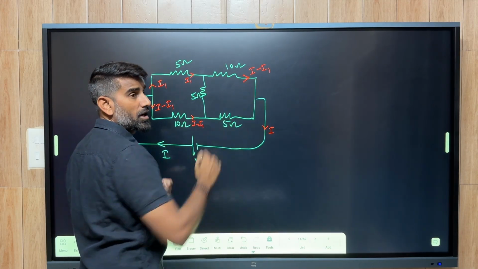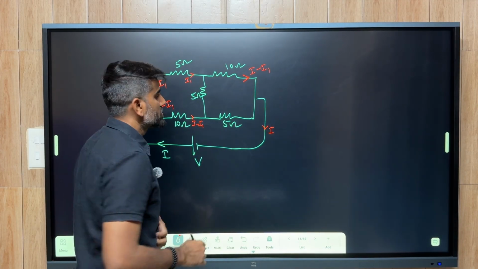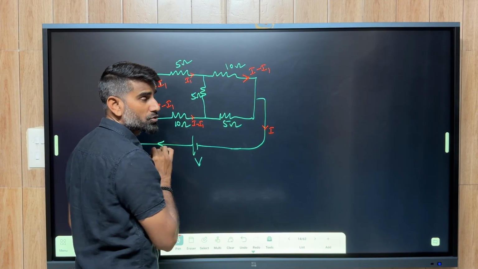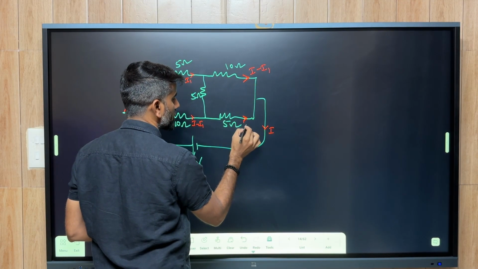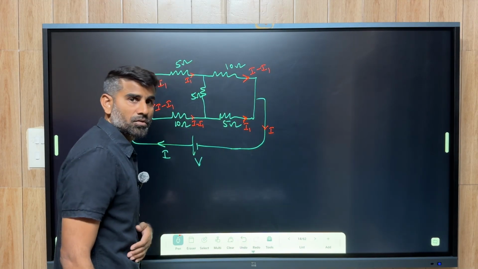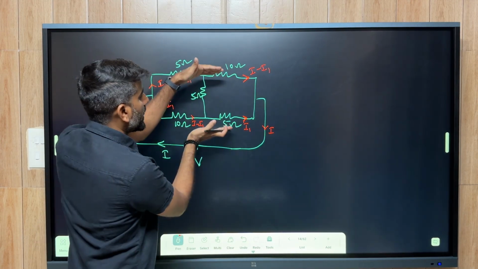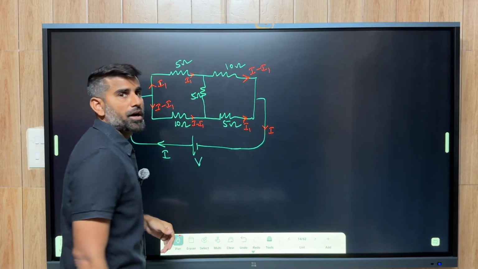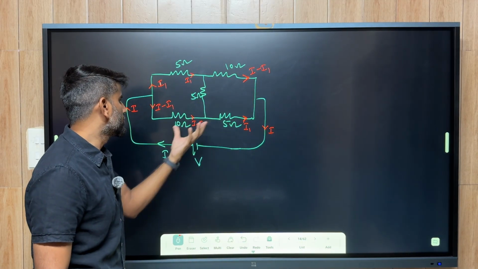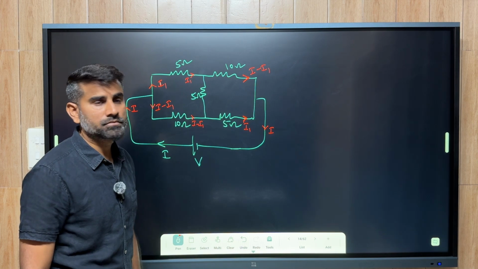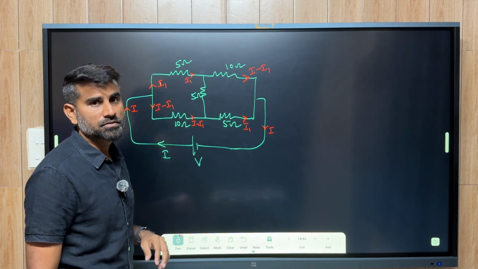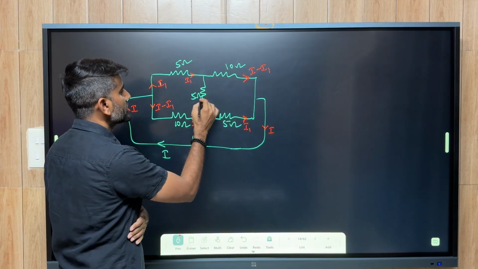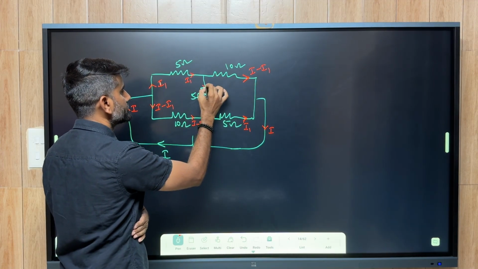Here also I am taking it as I minus I1 due to symmetry, and here it is I1 which is flowing through 5 ohms. Here also I am taking it as I1 flowing through 5 ohms again. I1 and I minus I1 both together give the total current of I. Again, due to symmetry, we have divided the currents.